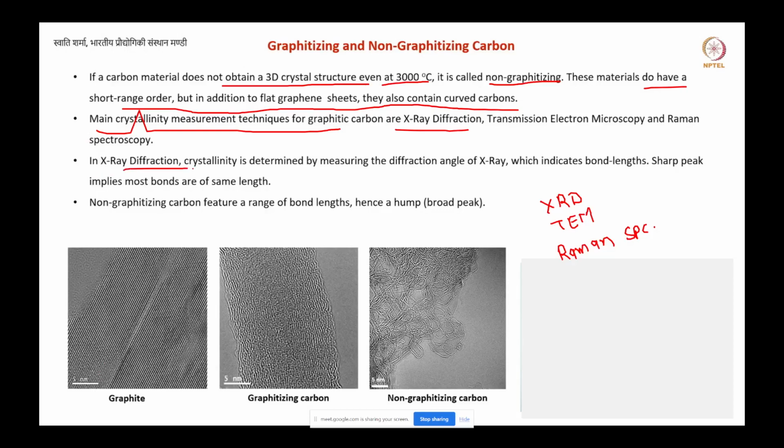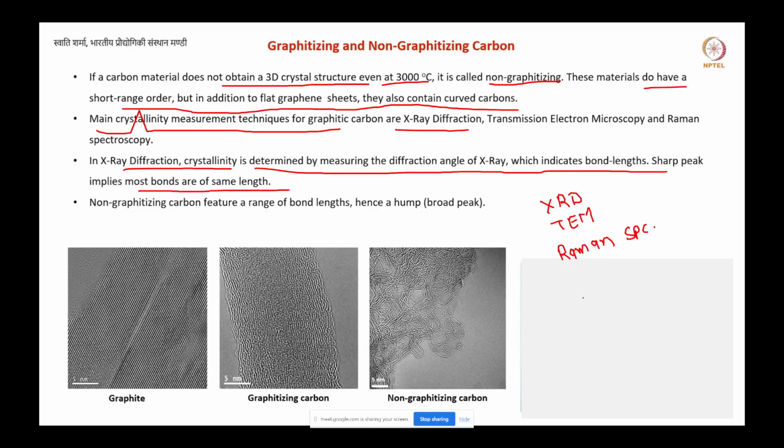In XRD, crystallinity is determined by measuring the diffraction angle, which indicates the bond length. Sharp peak implies most bonds are of the same length.